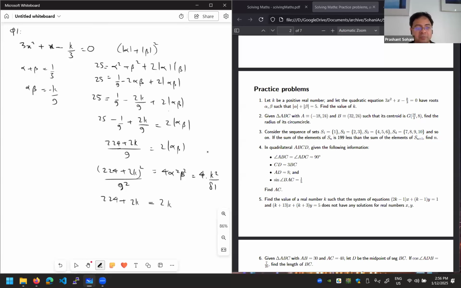Maybe let me just check if I made some mistake in haste. So it should be 112 plus minus k, I'm getting. So why, when I took this bracket together, 25 nines are 25, right? Minus 1 to 24 plus 2k.